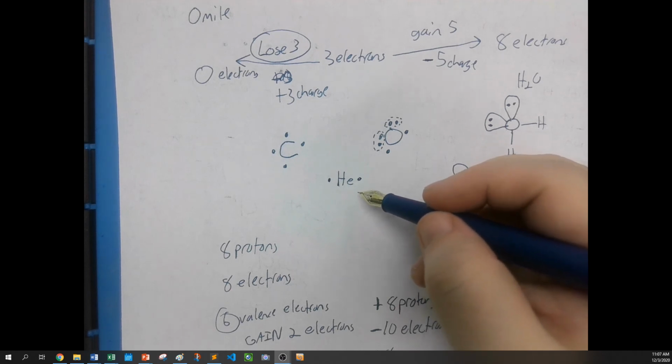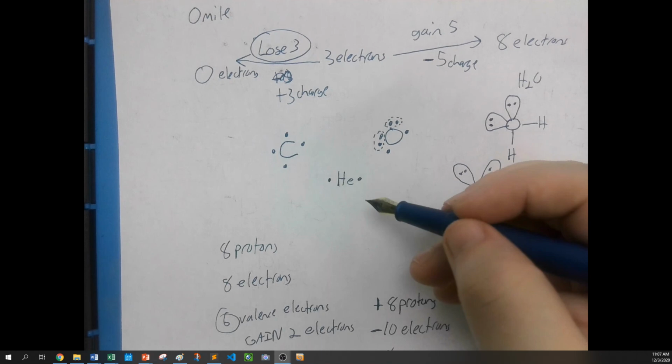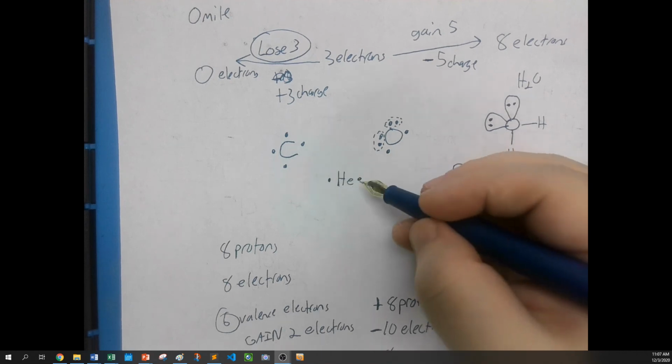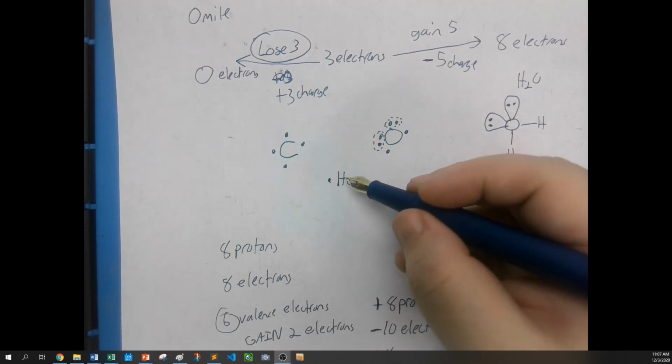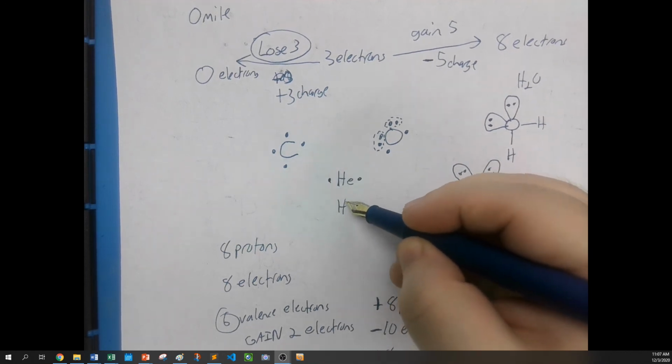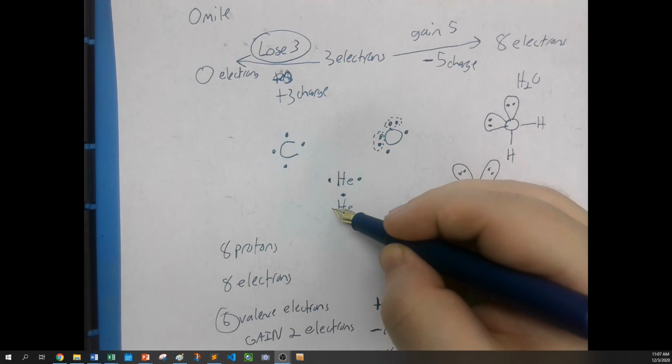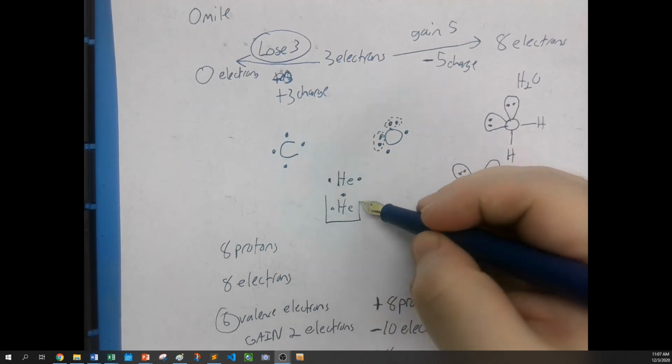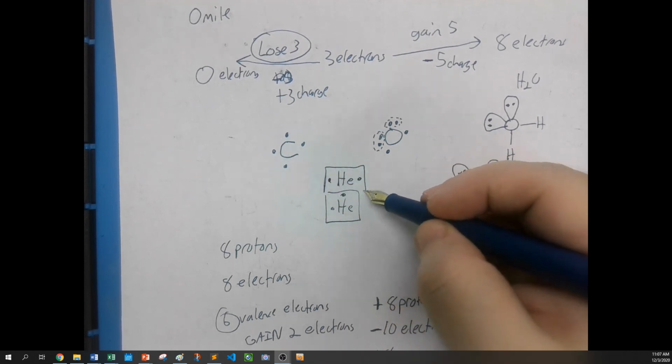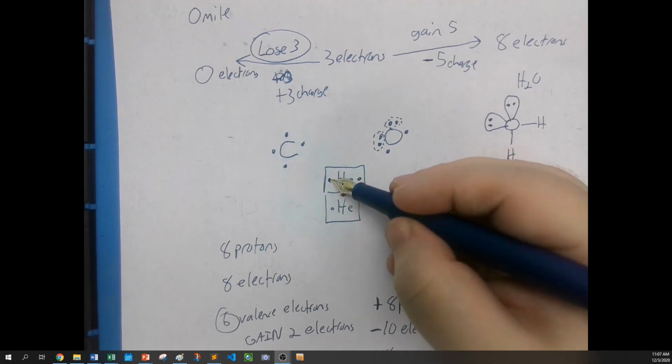I would accept 0 or 1, because helium is an exception there. No, it would be 0. According to my rule, you put it on opposite sides, or you put it on unique sides. Either way, helium is an exception.